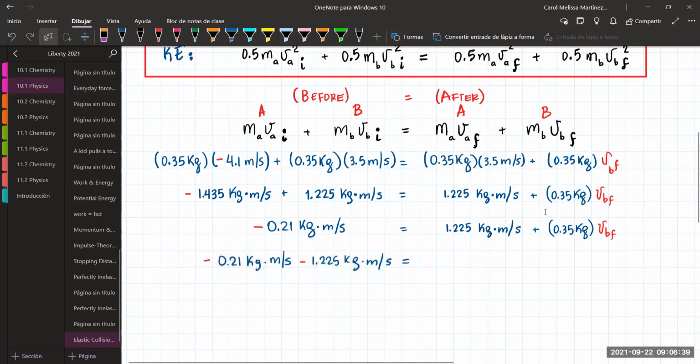Okay. I move it to the other side of the equal sign. It was positive, now it's negative. Now tell me, what do you get from this addition of negative numbers? Negative 1.435 kilograms meters per second.